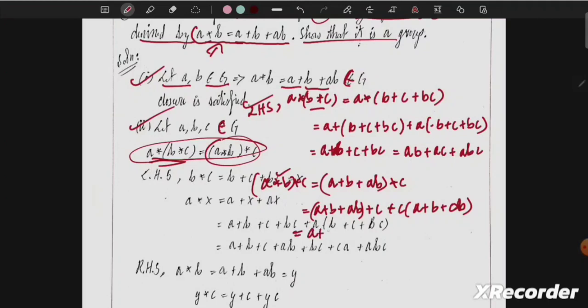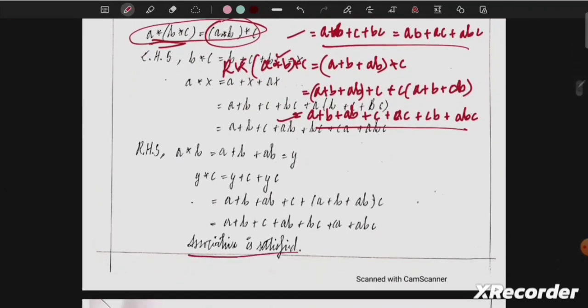Now if we simplify, A plus B plus AB plus C plus AC plus CB plus ABC, we see that both the left hand side and the right hand side are equal, so it satisfies the associative property.